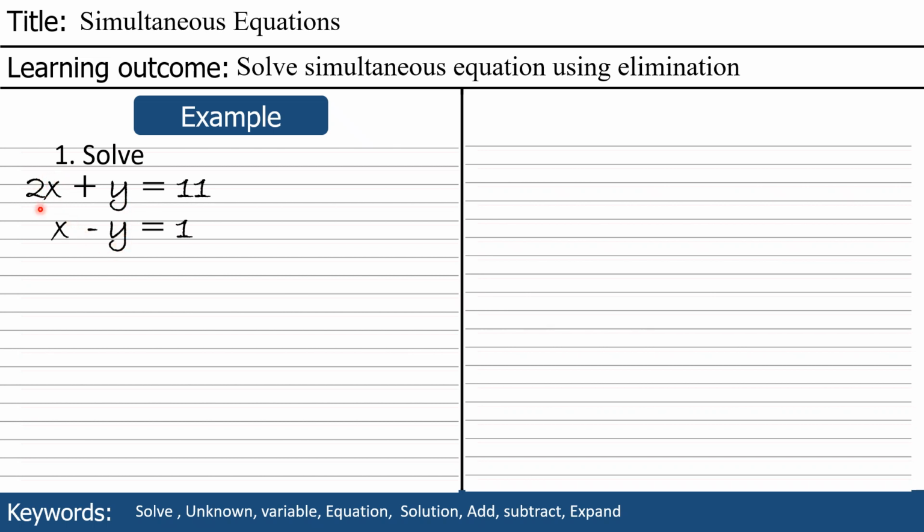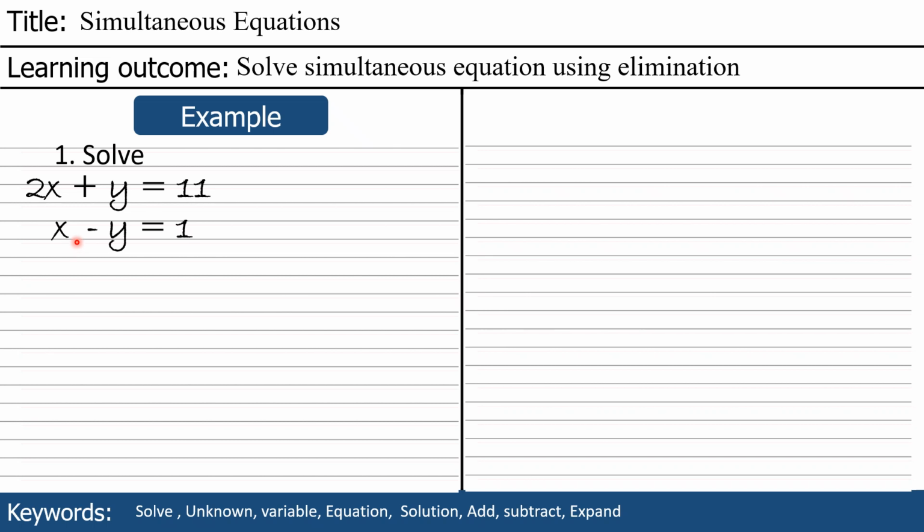If you look at the x coefficients, they're a bit different. The coefficient of x here is 2, and the coefficient of x here is 1. So it's best to eliminate the coefficients that are the same. So here we go. We're going to get rid of the y. And again, remember, we have an addition and a subtraction.